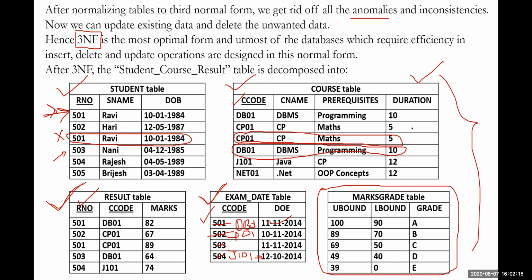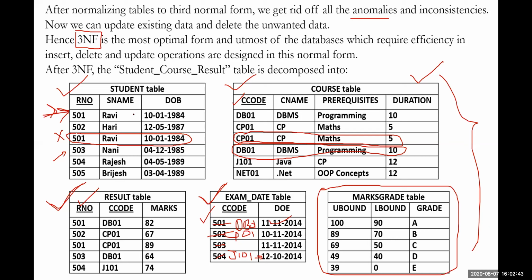Everything gets eliminated. Therefore, it is much more efficient to enter the data into these split or decomposed tables. That is why, if you operate on the schema up to third normal form, you get a very refined database set, and within that set you can enter data in a proper way without any inconsistencies.